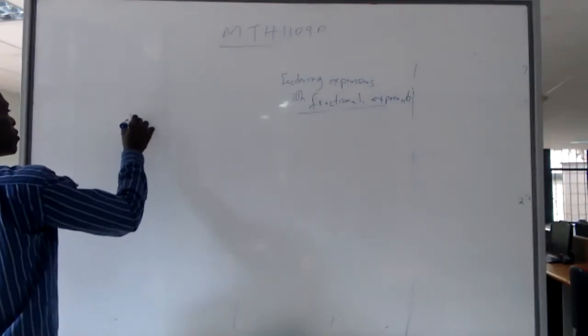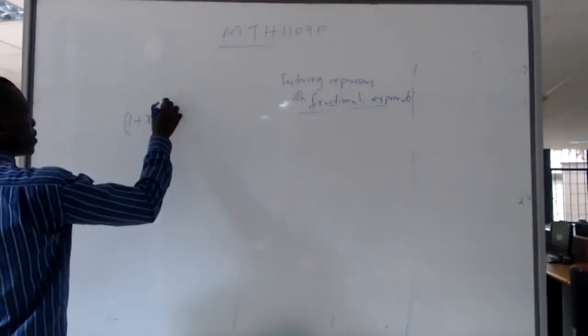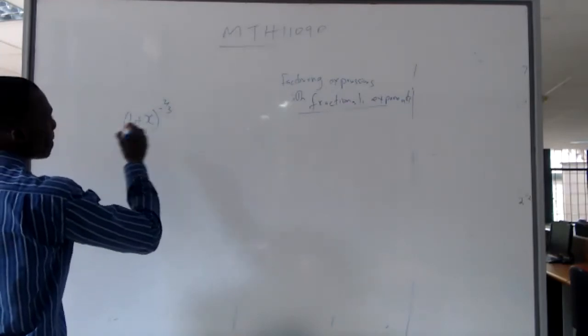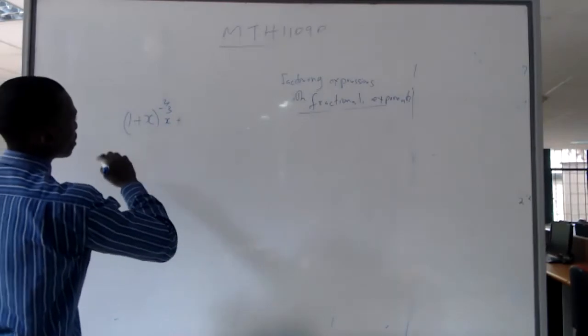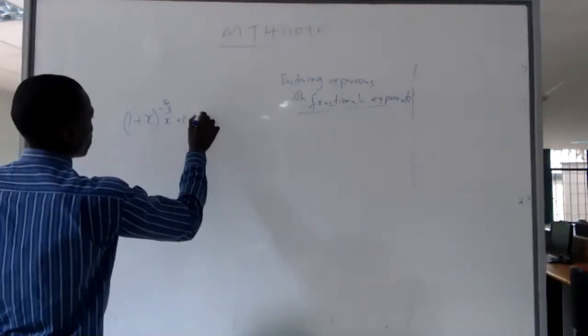So let's say we have 1 plus x to the power 2/3 times 2x plus 1 plus x to the power negative a third.